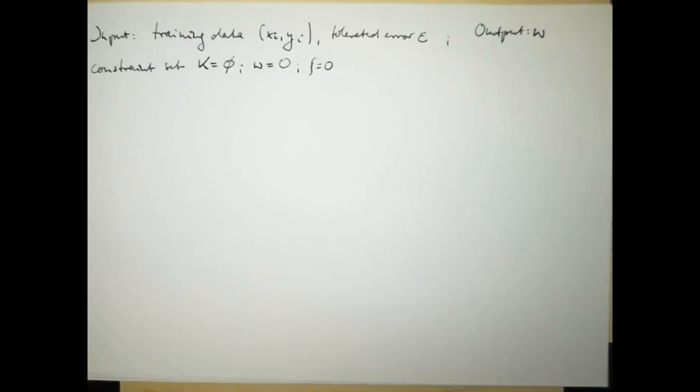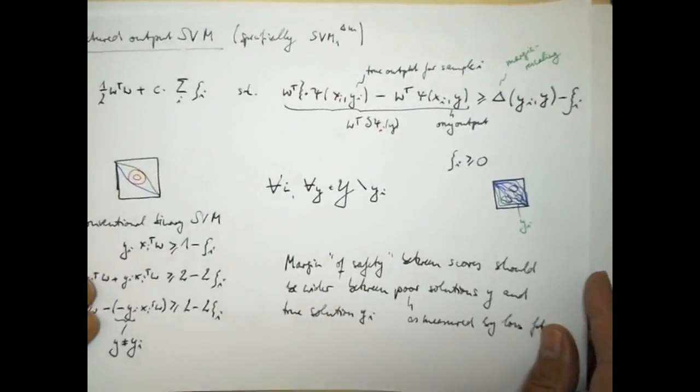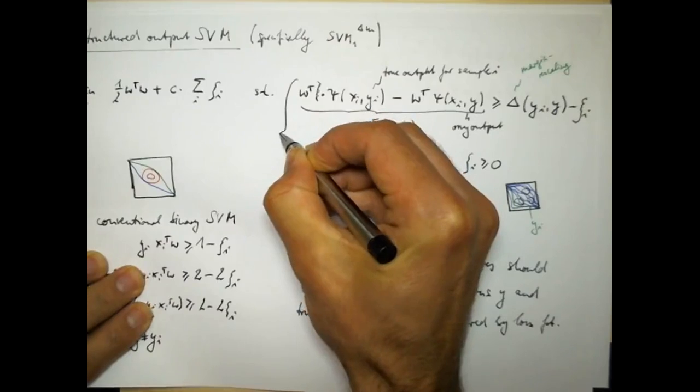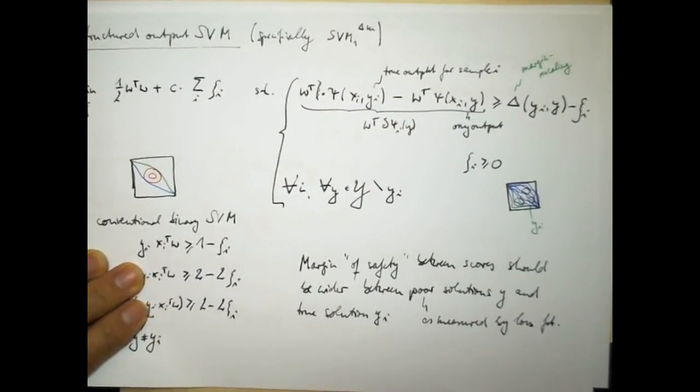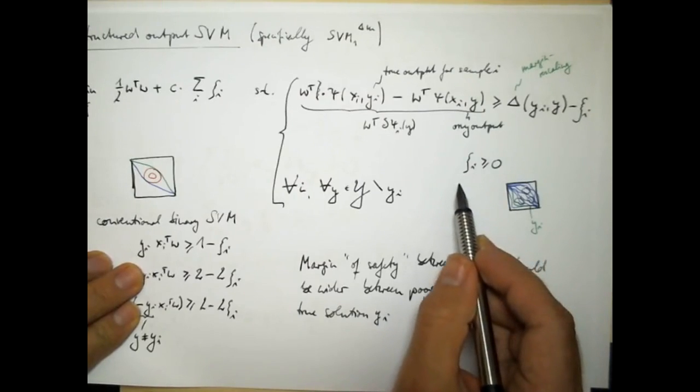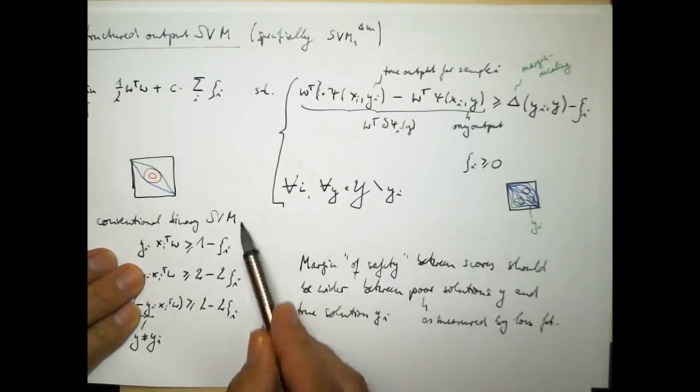I have a comment on the constraint set being empty initially. Because these were the constraints that we used. And I can leave out the non-negativity constraint on xi if I use a slightly different set here.